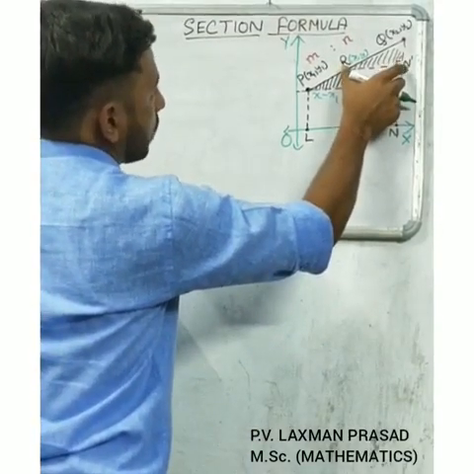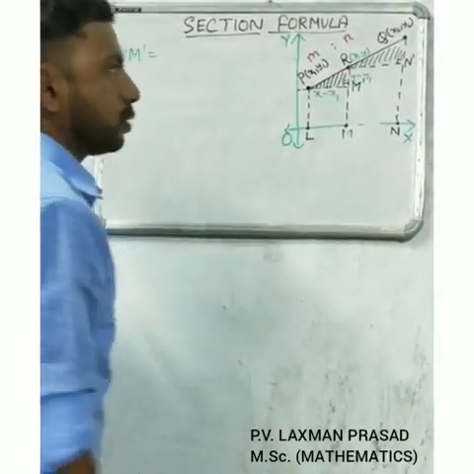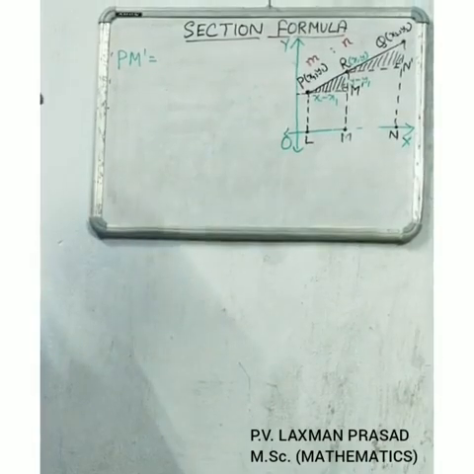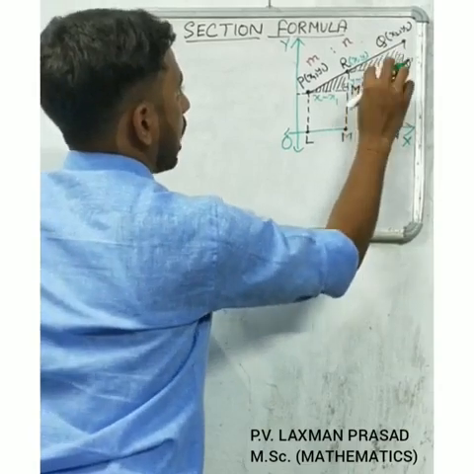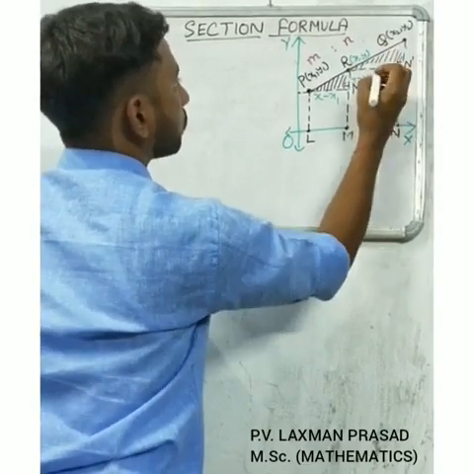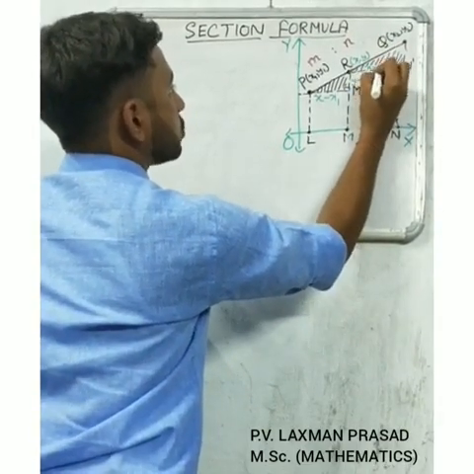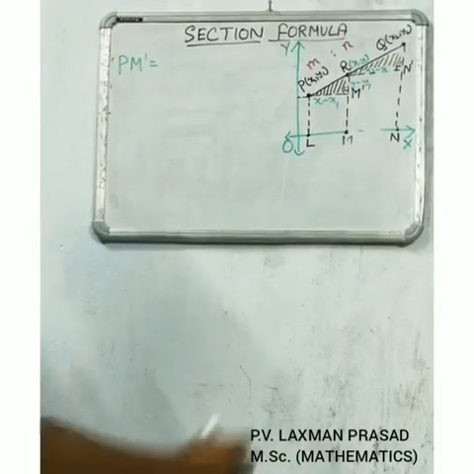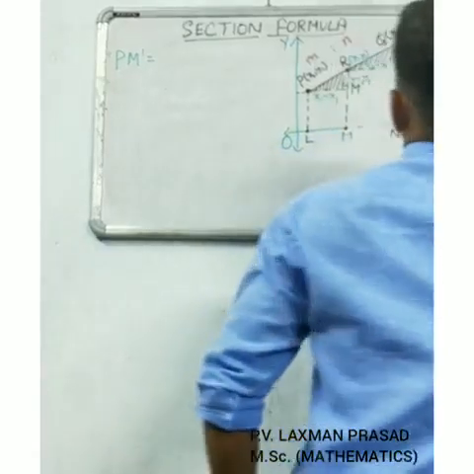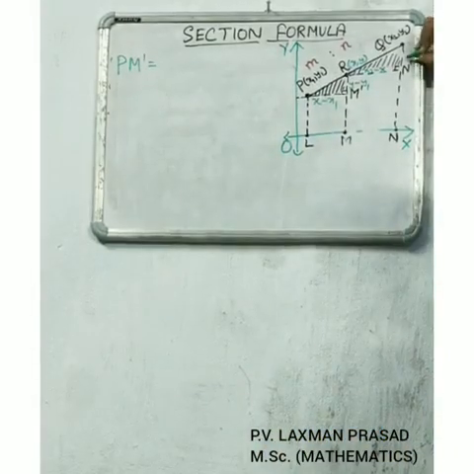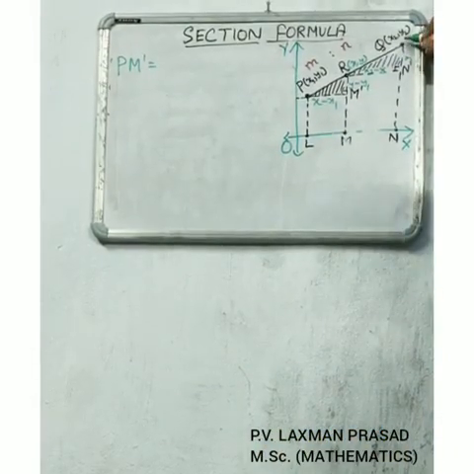Similarly, we can find RN dash by finding the difference of the x coordinates of point N dash and R, and we get x2 minus x. The length QN dash must be equal to the difference of the y coordinates.